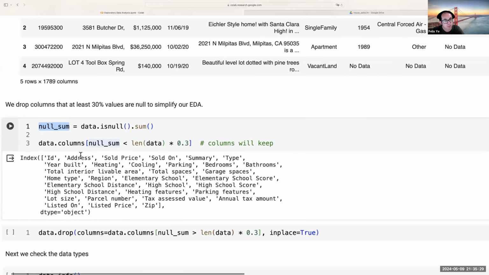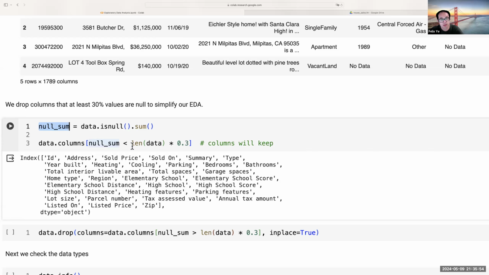All right, and then I will remove the columns that have 30% values null. So what remains is at most 30% of nulls, right?